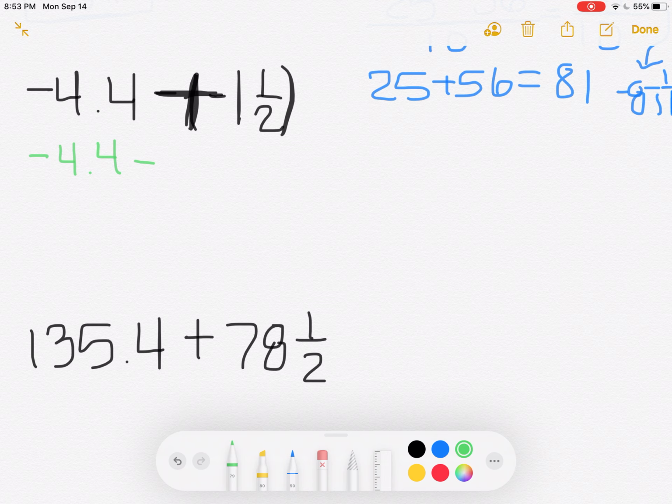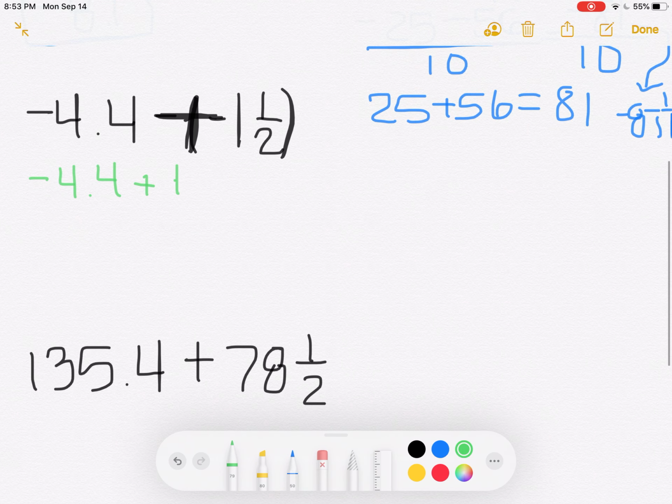So I'm going to go ahead here and write plus 1.5. So when we do this, we have a negative and a positive, so I have to find that difference. So we take 4.4 minus 1.5, and this is equal to, let's see, actually, let's work this out together.